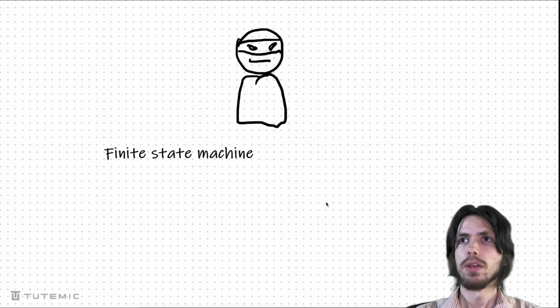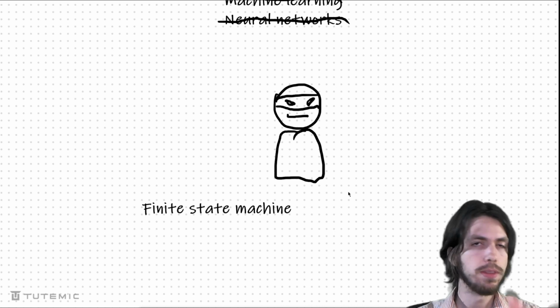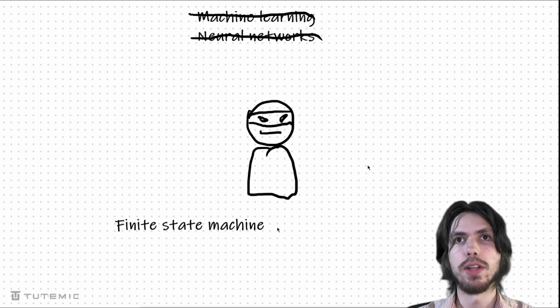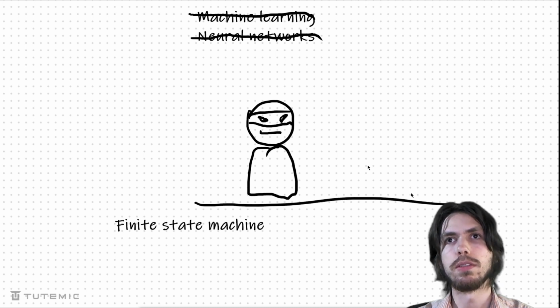So what am I talking about? Coming back to this game, the designer often will say like, the enemy chases the player. Okay, so the enemy chases the player. What does that mean? So we have a character. Let's say this is a platformer, just to make this simple.